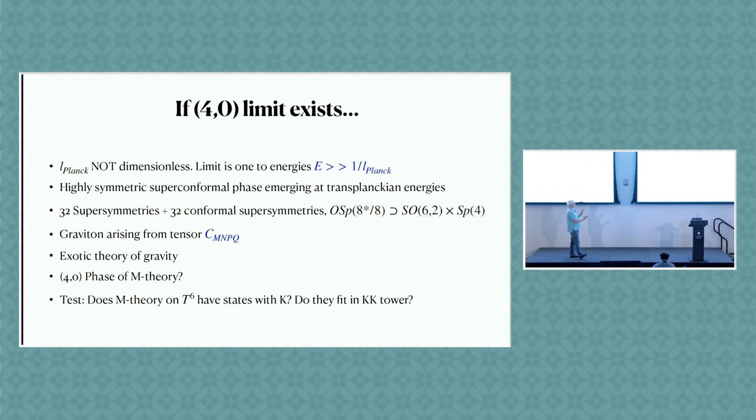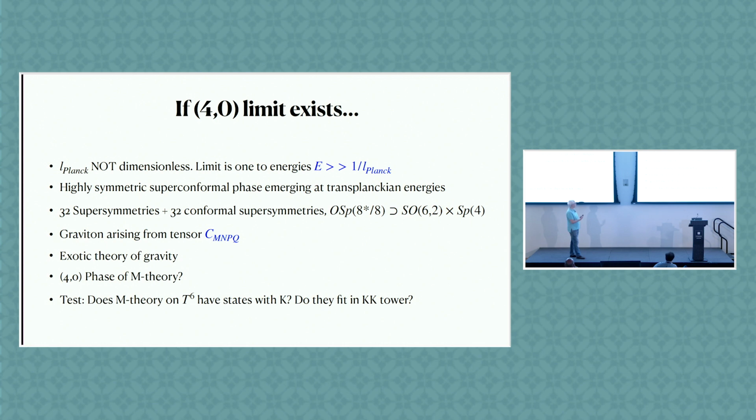Just as in the 2,0 theory, in the Yang-Mills theory, we're going to energies much larger than the Yang-Mills scale. And so this highly symmetric superconformal phase would be emerging at trans-Planckian energies. As well as the 32 supersymmetries you'd expect, it's also got 32 conformal supersymmetries fitting into this large superconformal group, with the graviton arising from this exotic tensor, giving an exotic theory of gravity.